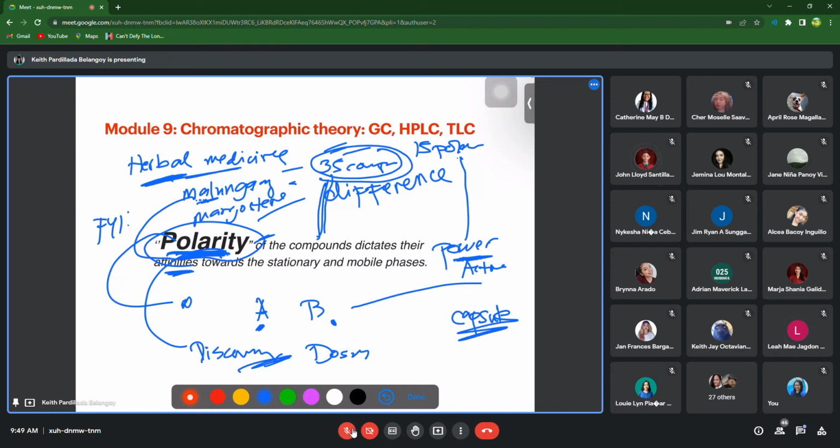Okay, so even your haplas also dwells on the power of polarity, because the polarity allows binding or the attractiveness, and it allows the stability, all in all. So it dictates.